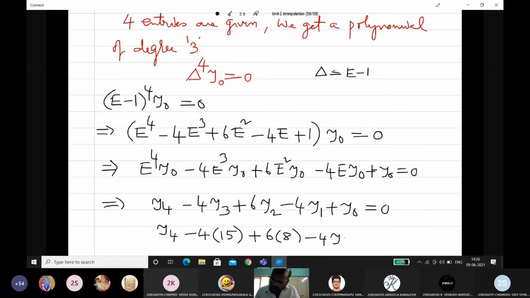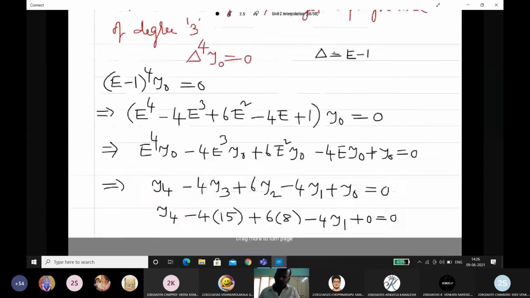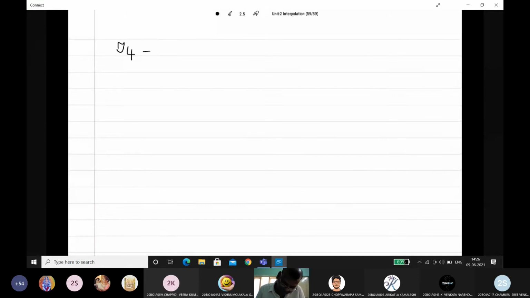Minus 4y1 plus y0 is equal to 0. Now what do we get? y4 minus 4y1 minus 12 equal to 0, so y4 minus 4y1 is equal to 12. We call this equation 1.